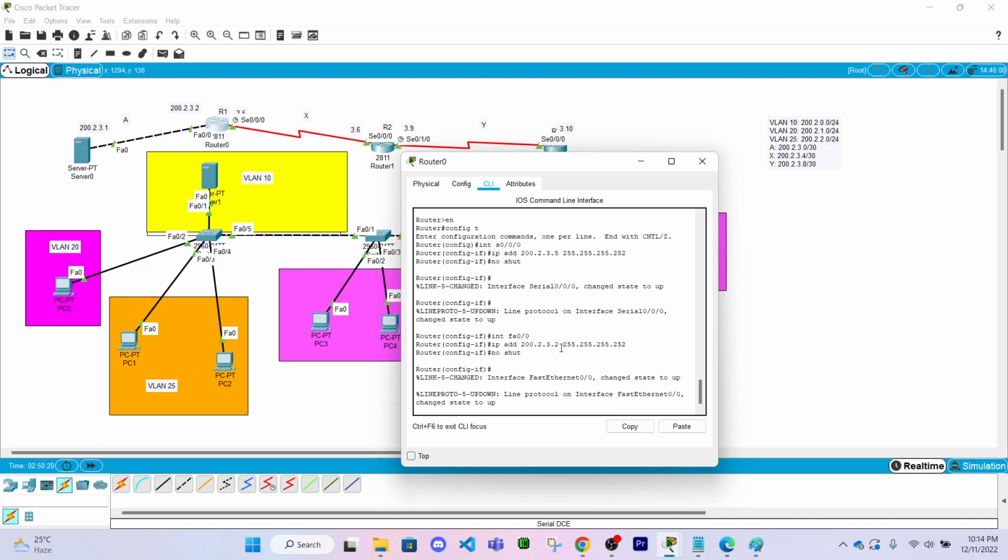When we configure the FA port, we use the last valid host IP, and when we configure the serial port, we write the IP of this device. Okay, and when we write the command for the DCE port, we will write one extra sentence, that is clock rate 64000.